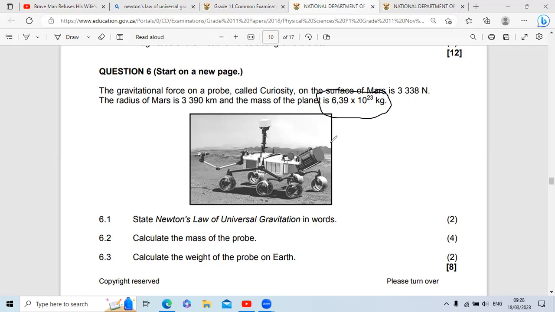But since we're so used to saying this is how much I weigh, when you step on the scale, you see your mass and not your weight. And then weight is the gravitational force on that object.